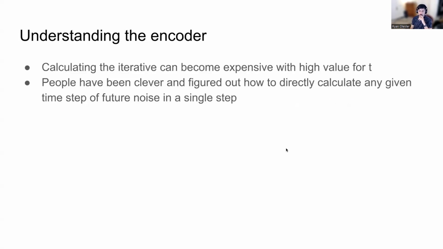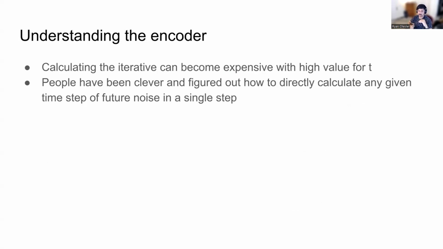So one of the tricks that people have figured out is that with these encoders, if you have to do many steps of noise, that can end up being expensive. So if you're doing 1,000 time steps and you want to calculate the 970th, it's expensive if you have to calculate the first, second, third, fourth, all the way through to the end.